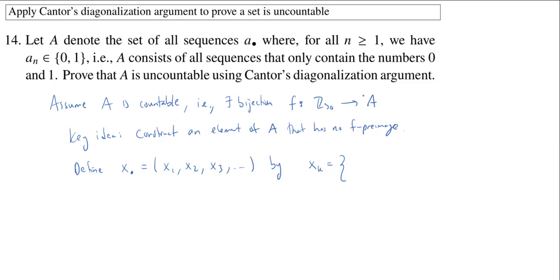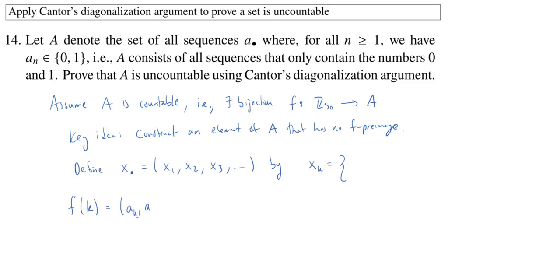So what I'm going to do is look at f of, say, k. So k is some positive integer. And what is f of k? Well, it has to be an element of A, and that means it's a sequence. So it's going to look like a1, a2. Well, it actually depends on the k, so why don't we put that into the notation?